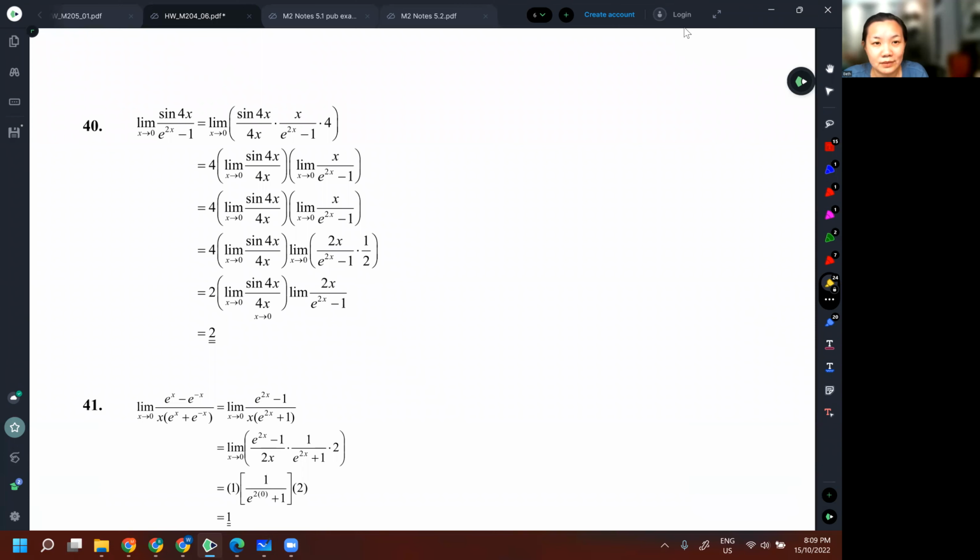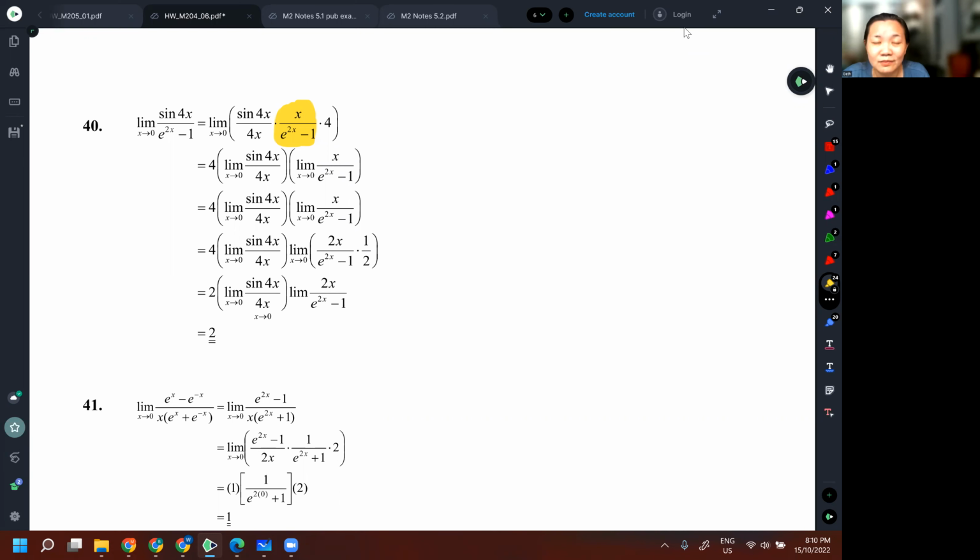Question 40. During the previous assignment, I marked a lot of your homework and I mentioned, oh, you don't need to do that. Meaning when you see this special limit, you don't have to change it to the reciprocal. Now you don't have to flip it upside down. So here I remind you again, you don't have to flip it.